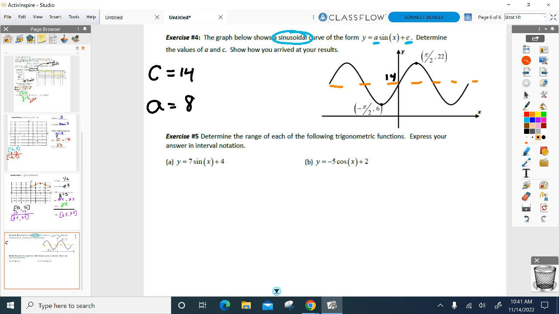If you ever want to find your A value quickly, the A value is just going to be the max minus min, divided by 2. You take your max, subtract your min, and cut it in half.